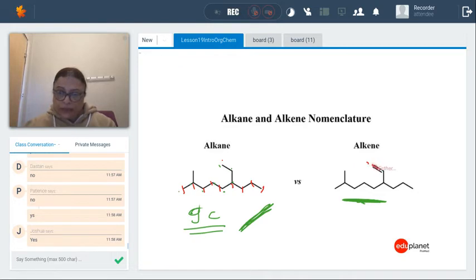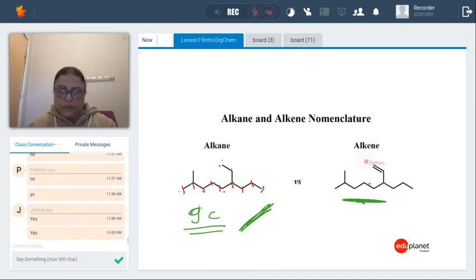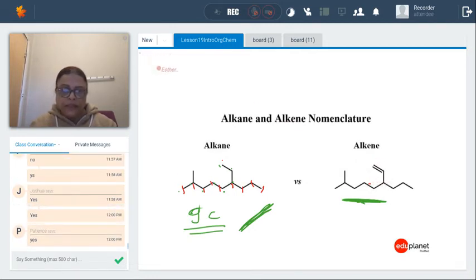So we count this way. We must include the double bond. So far so good? So on the right, the molecule will be 1, 2, 3, 4, 5, 6, 7, 8. It will be 8 long and not 9 long.